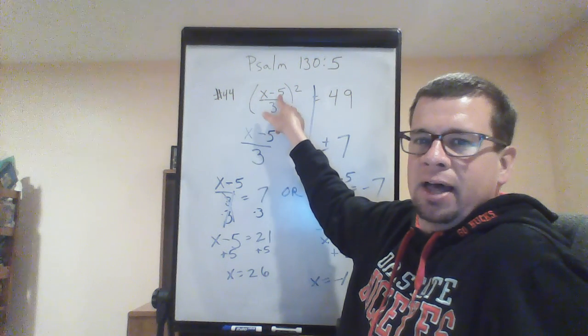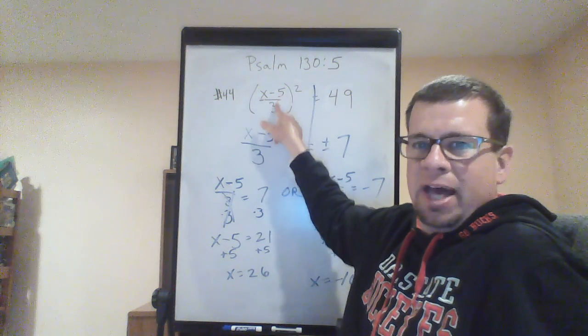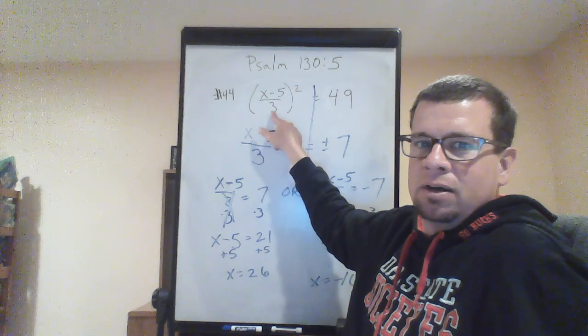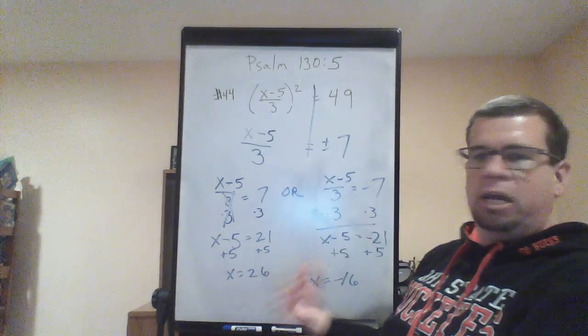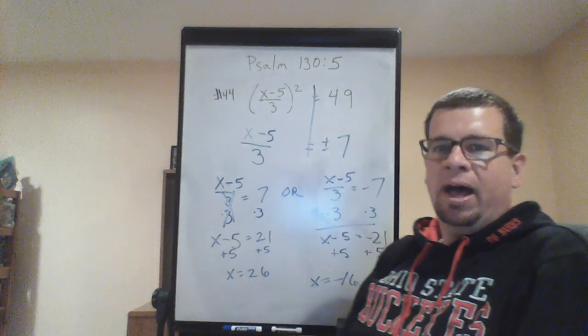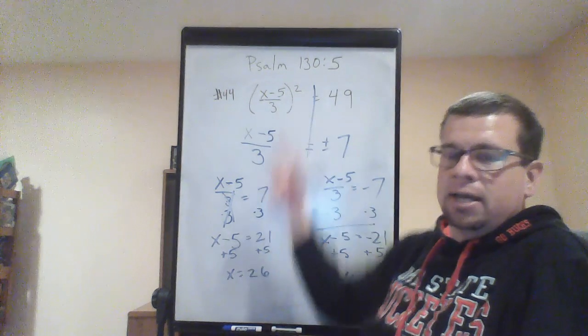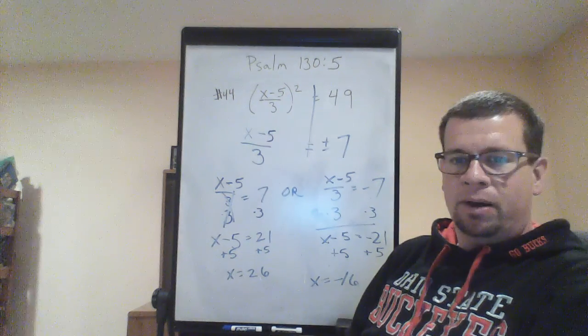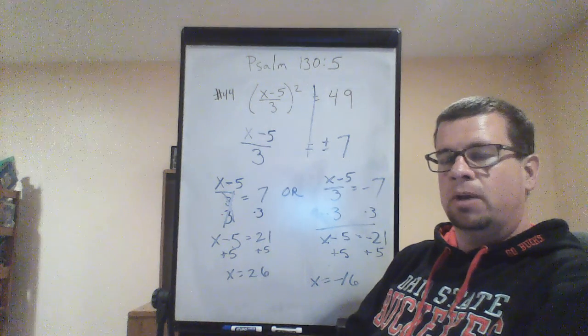Negative 16 minus 5 gives me negative 21. Negative 21 divided by 3 is negative 7, and then negative 7 squared is 49. So I'm pretty confident we have found the two solutions, and we're expecting two solutions here because it is a quadratic.